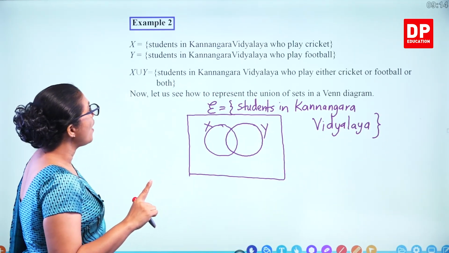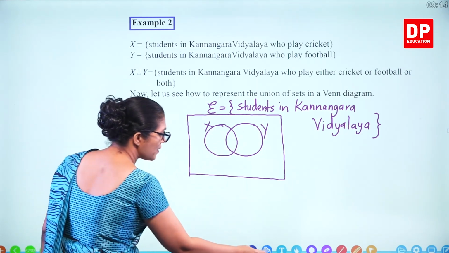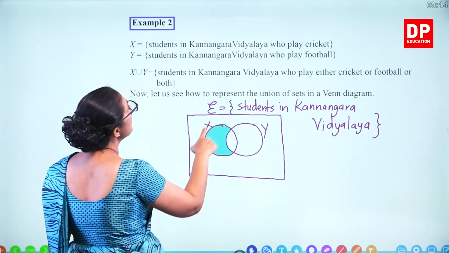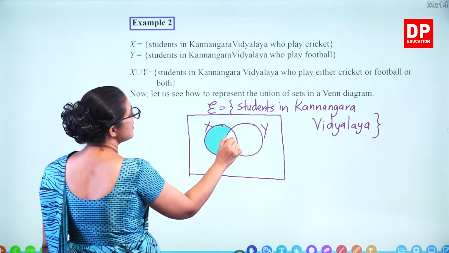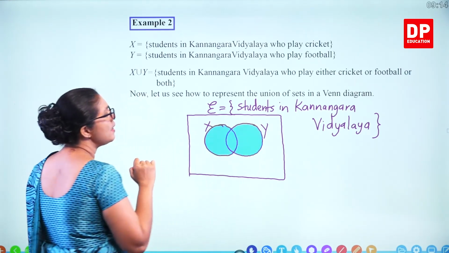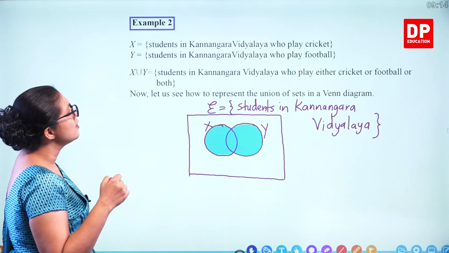So that's X, Y and union. How do you represent it? This means only play cricket. This is play both cricket and football. This is only football. So altogether, that's the union.